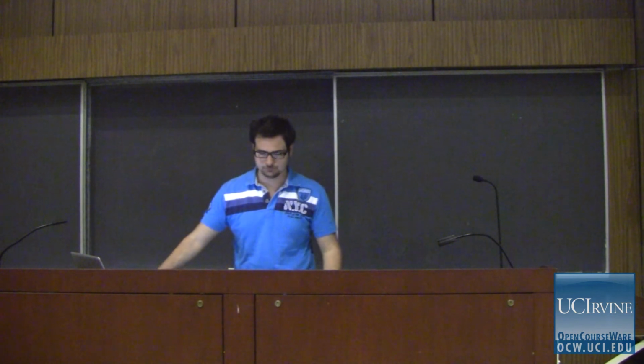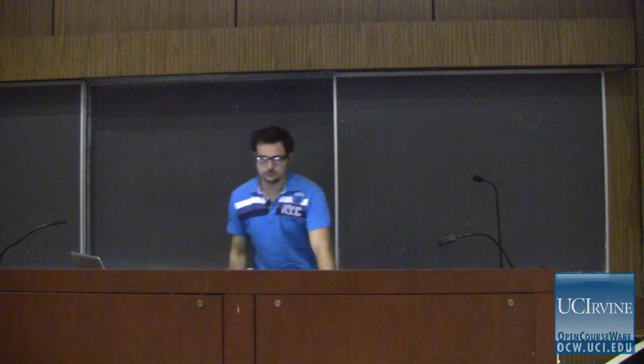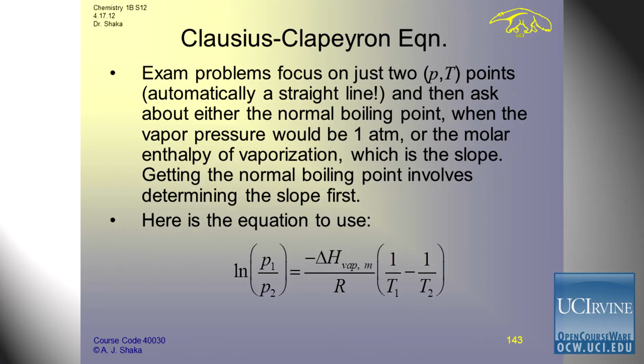So, this should be a good hint. He tells you this is an exam problem that can come up, right? He gives you two pressures, two temperatures, right? So two points on that straight line, and he can ask you to determine the heat of vaporization.